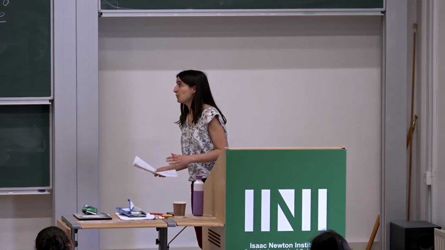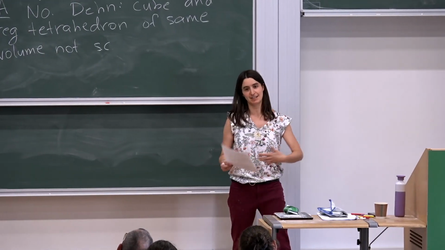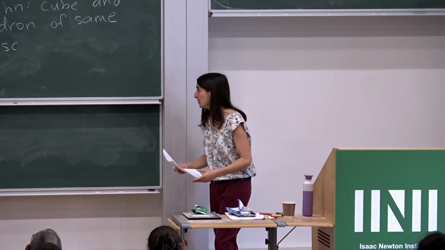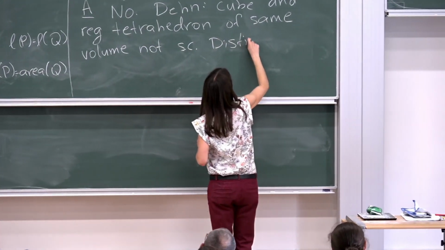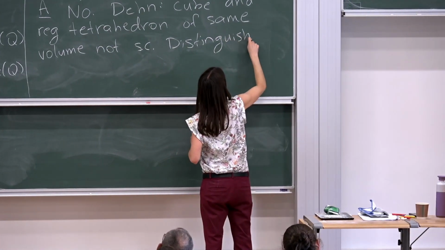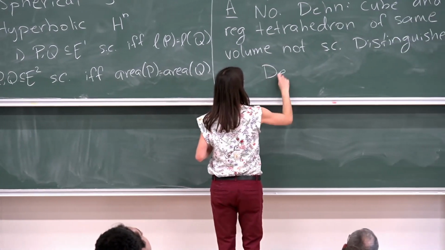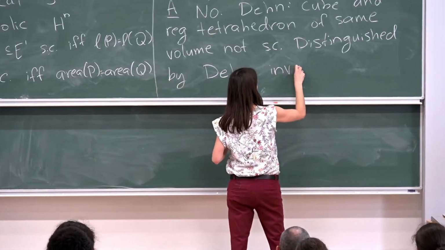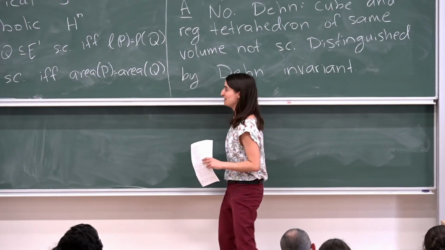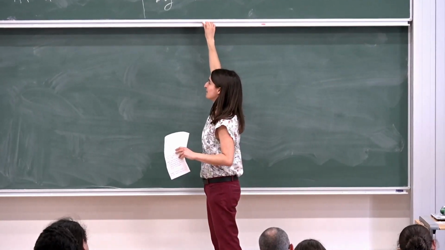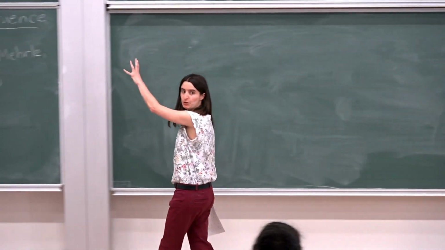They are distinguished by another scissors congruence invariant called the Dehn invariant. I'm going to tell you what that is, because generalizations of the Dehn invariant are at the heart of what we're doing here.